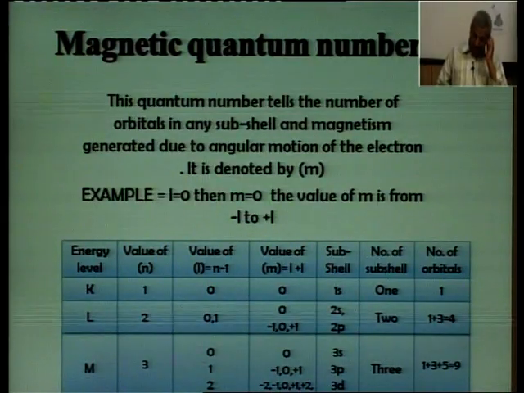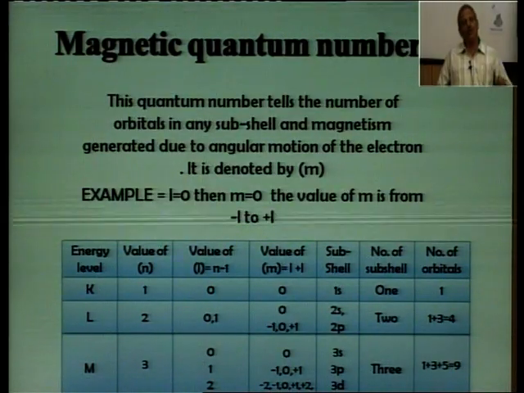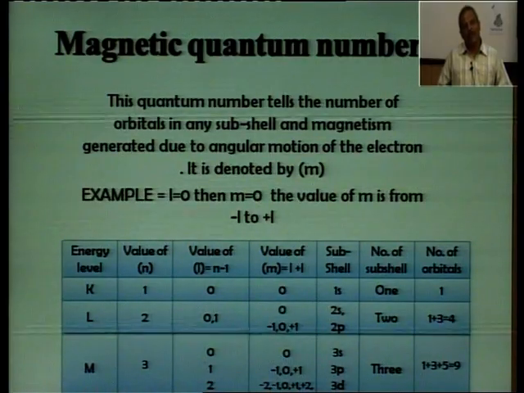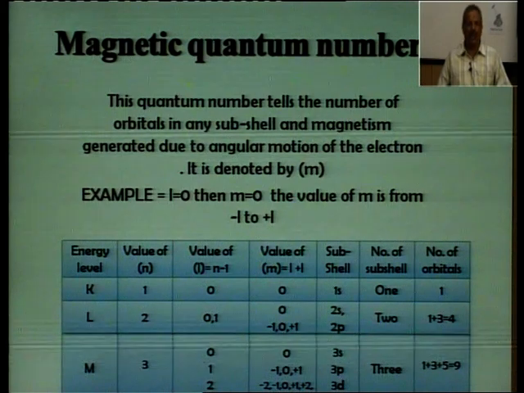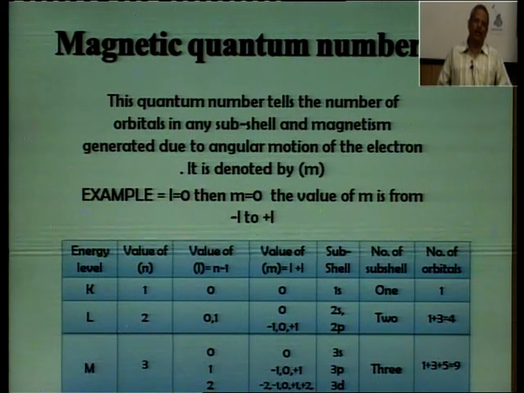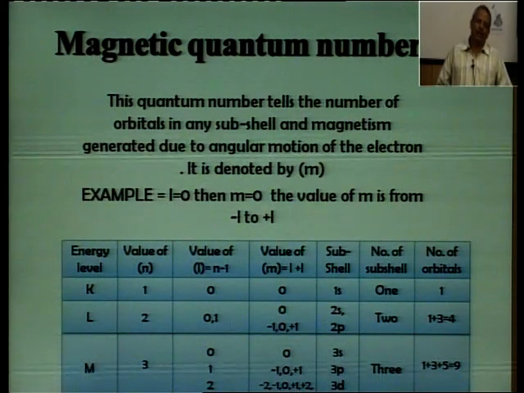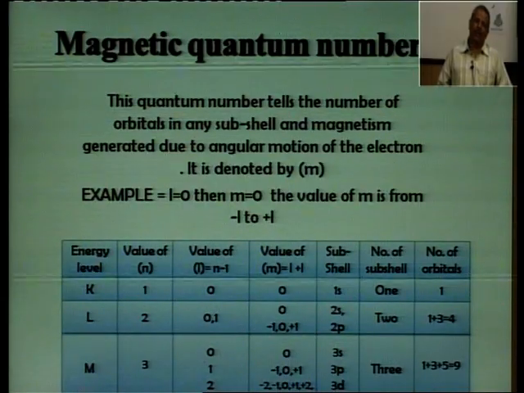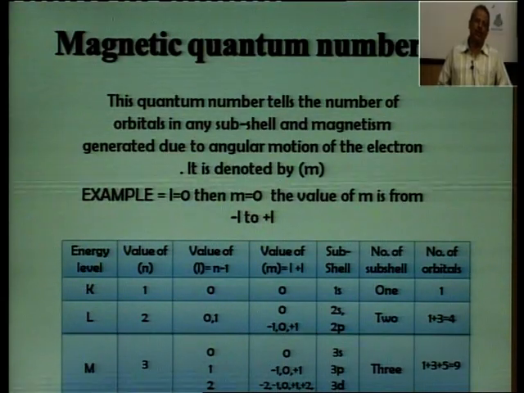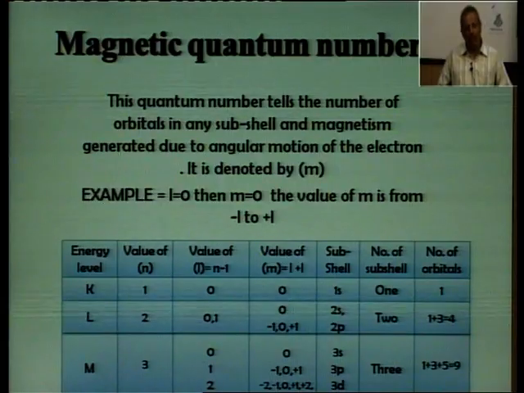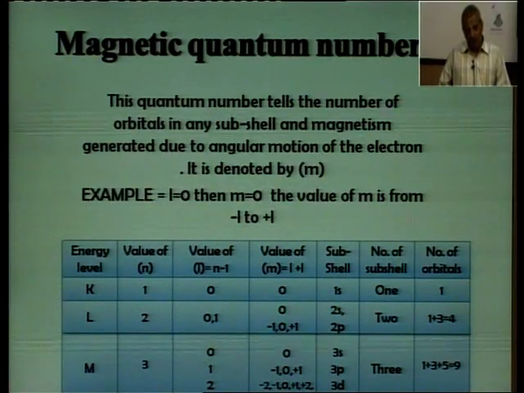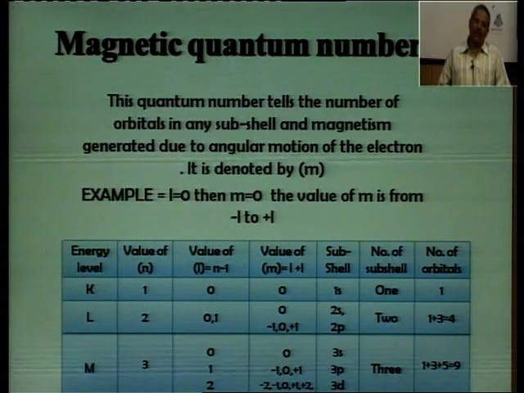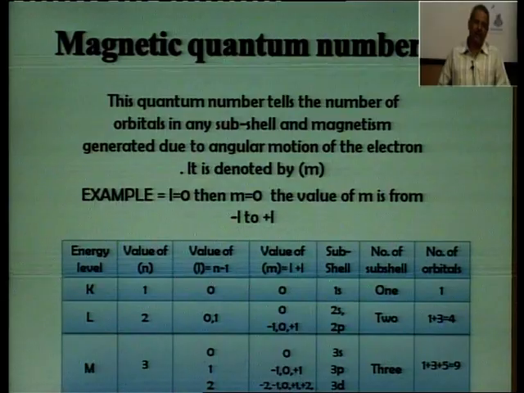The reason l has value 0 is that the azimuthal quantum number has values 0 to n minus 1. If l is 0, the magnetic quantum number also has value 0. So, there is no directional nature.